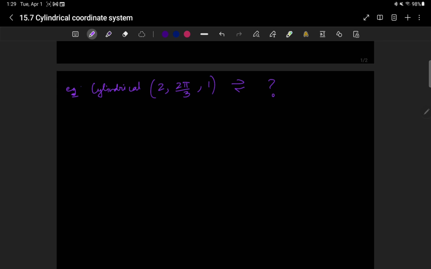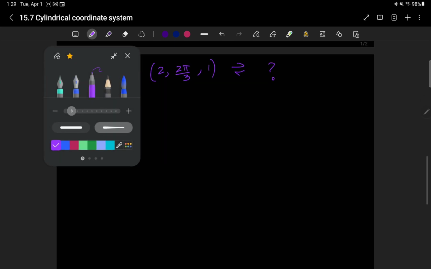Okay, so let's look at some examples of converting from one system to the other. In cylindrical, if I have a point (2, 2 pi over 3, 1), what would that look like in rectangular?